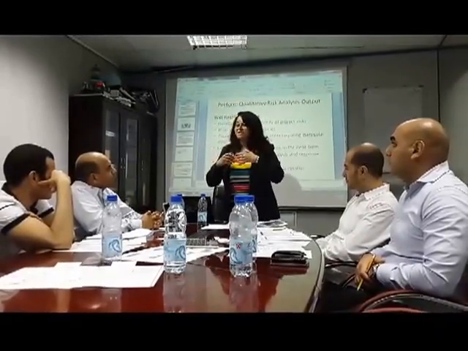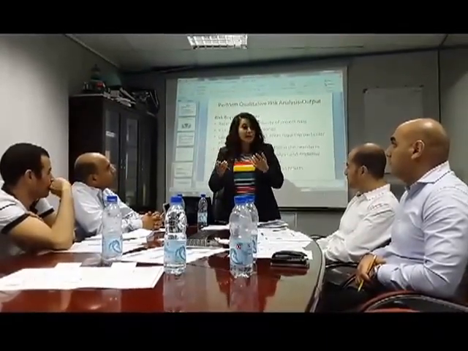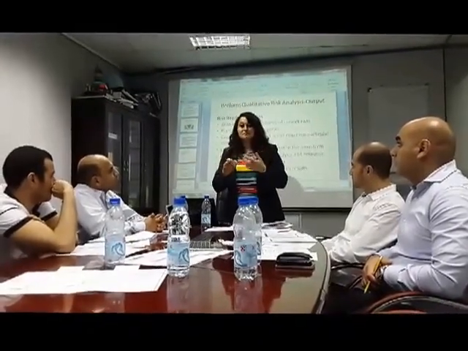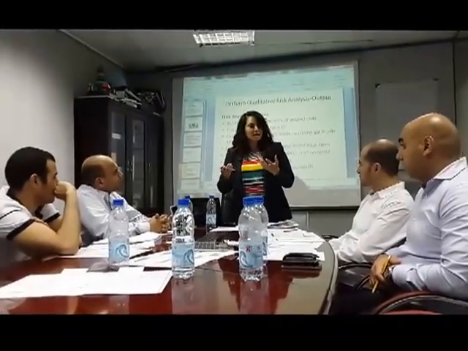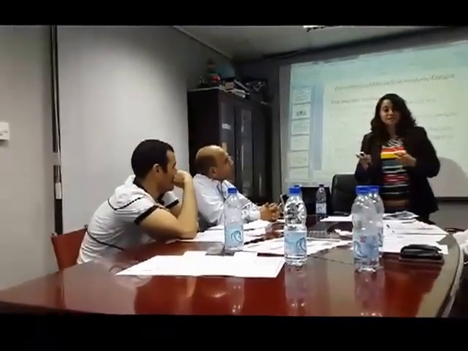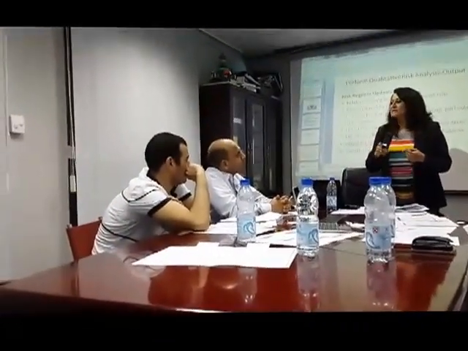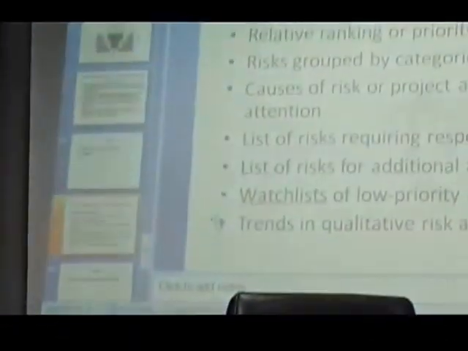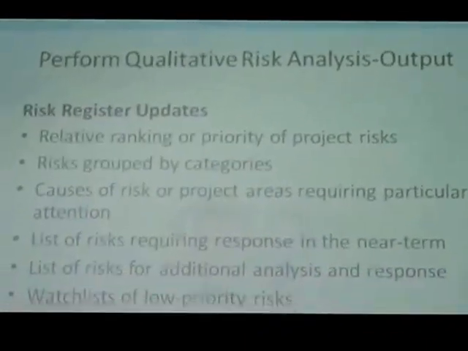Suddenly these risks are growing and becoming a reality. They're materializing. You've noticed the trend. What should you do? You should go to that category and try to analyze it in detail, because we want to track all the risks. So this is what we mean by updates, and this is the output of the performed qualitative risk analysis.